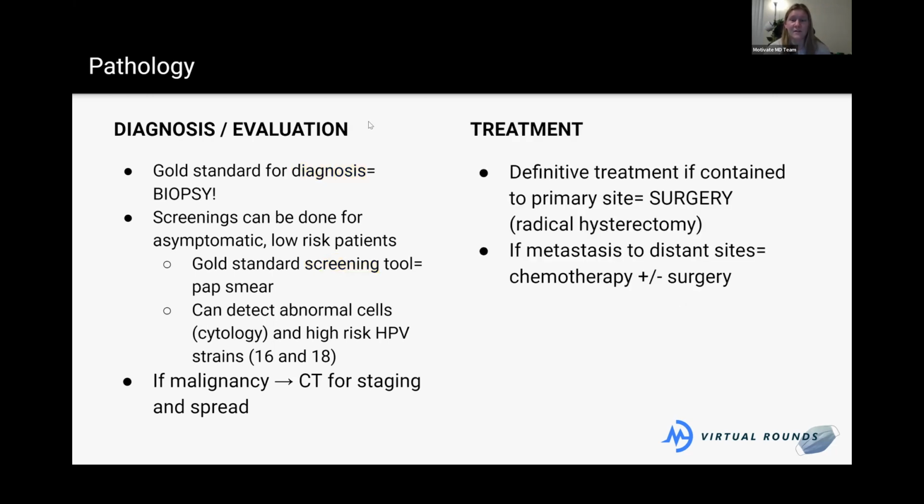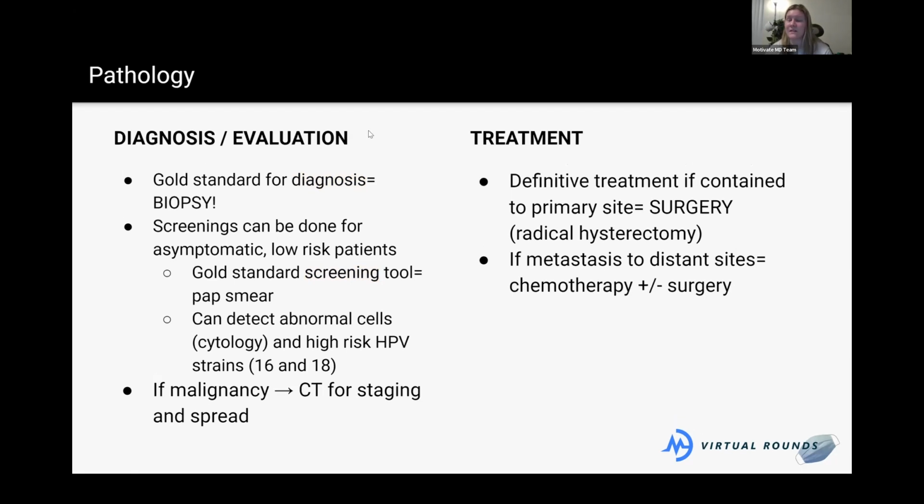If this is cervical cancer, we can take out the cervix and the uterus and do a radical hysterectomy, eliminating all of the abnormal and cancerous tissue. However, if it has metastasized to other sites, we would not be able to offer surgery, because the cancer is just going to stay in the body and continue doing the cancer thing. So we would instead offer chemotherapy. Sometimes we can give adjuvant or neoadjuvant chemotherapy before surgery to try to get the tumors to shrink and allow them to become operable.